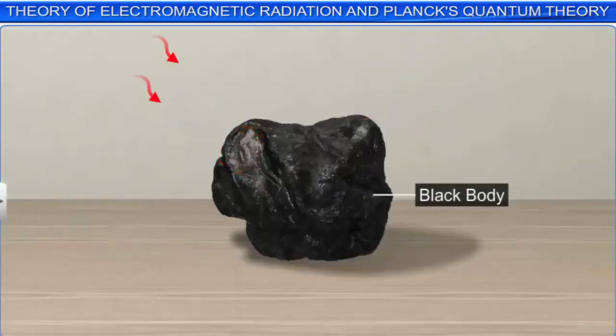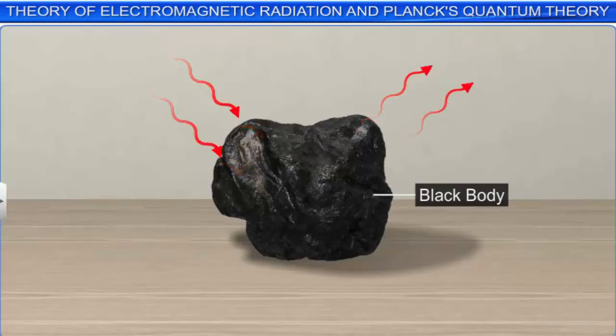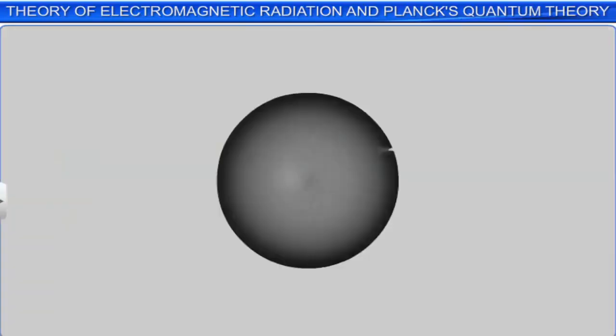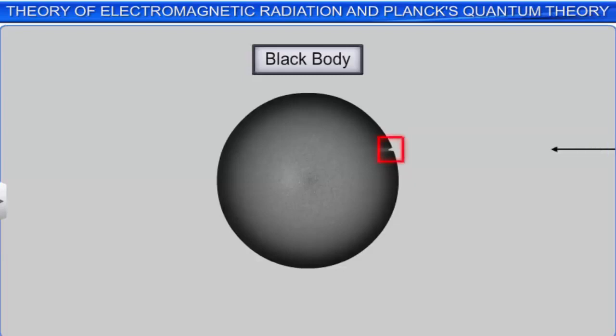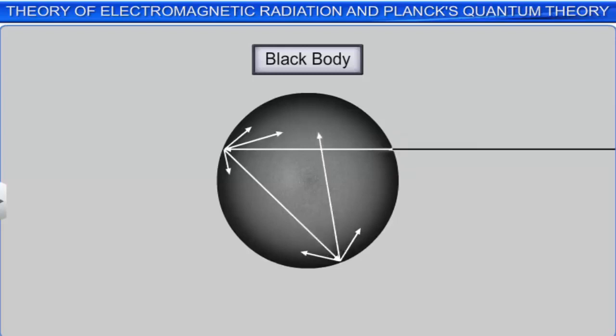On the contrary, an ideal black body is a perfect absorber and emitter of radiation. A blackened metallic surface or a hollow sphere blackened inside with a small opening behaves almost as a black body. Any type of radiation that enters this small opening gets reflected multiple times within the sphere until all the energy is absorbed.